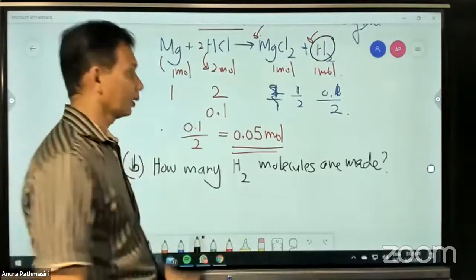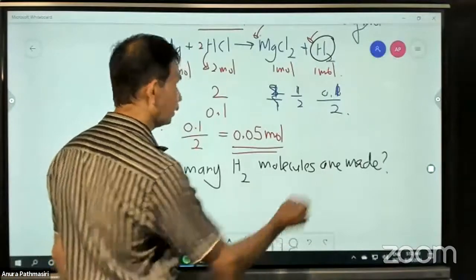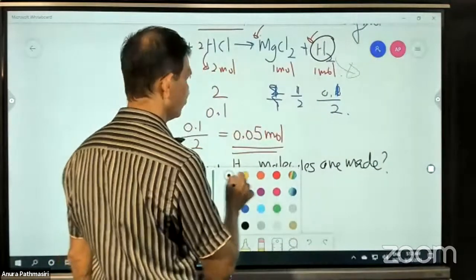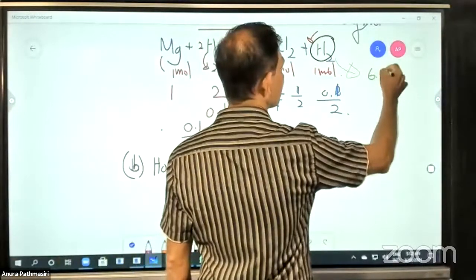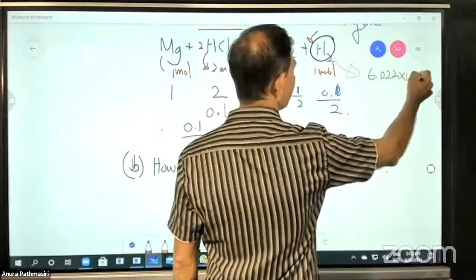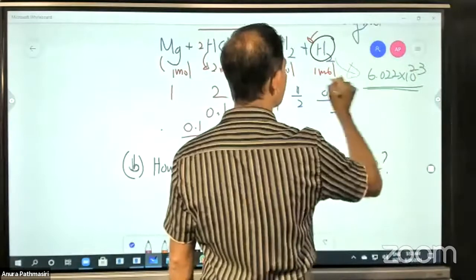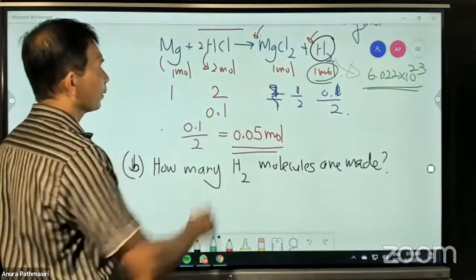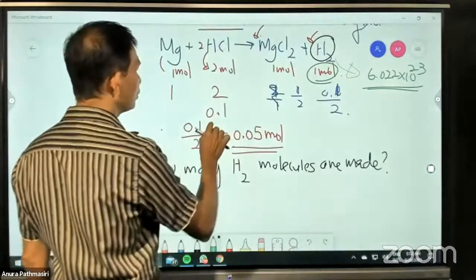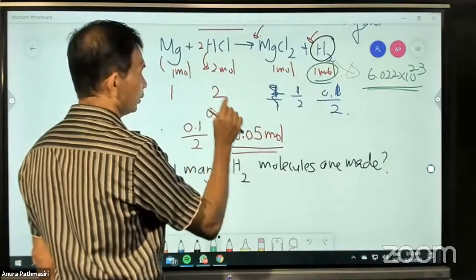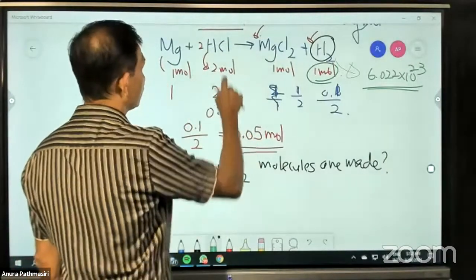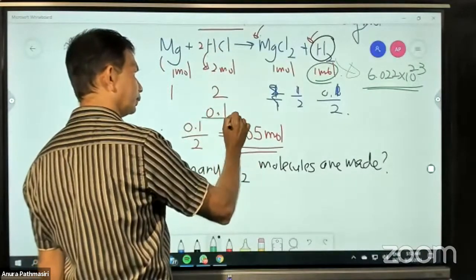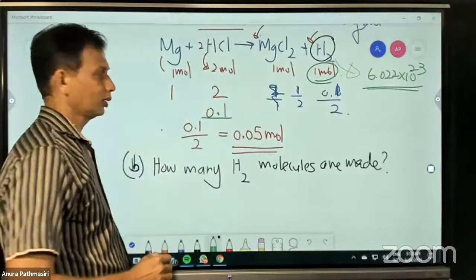Then how many hydrogen molecules will be made? 6.022 times 10 to the power 23 because you got 1 mole. But now say hydrochloric acid is 0.1, right?